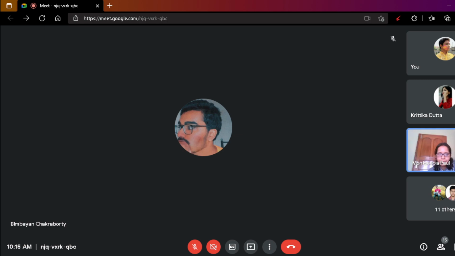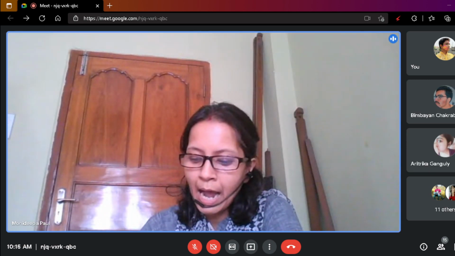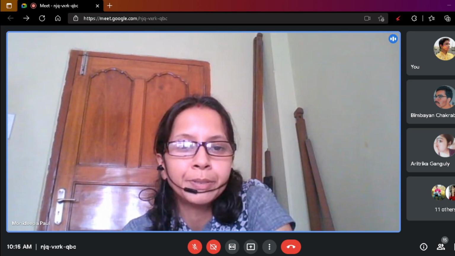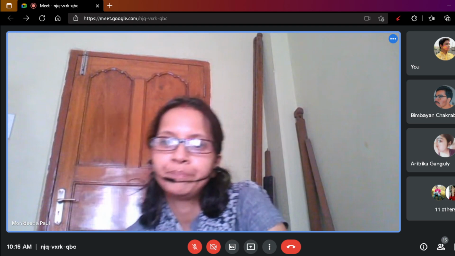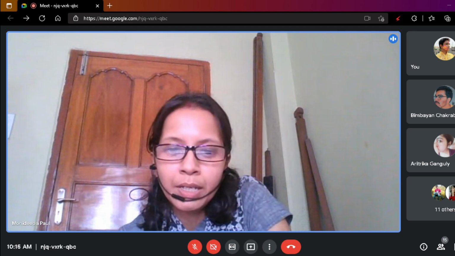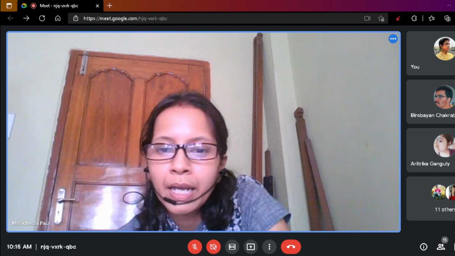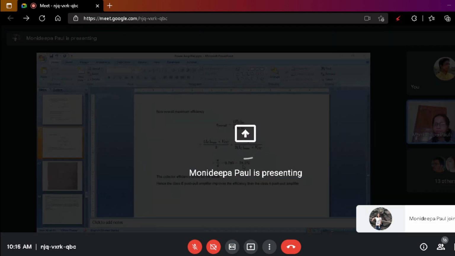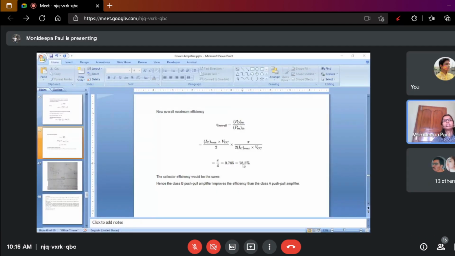Okay. Next point of the advantage, a high AC output power is obtained. Actually, from this slide you see that efficiency is 78% compared to the class A amplifier, where if you use the transformer coupled, then efficiency is 50%.